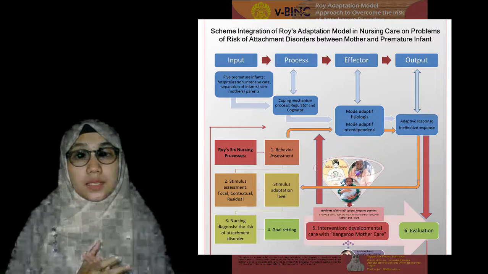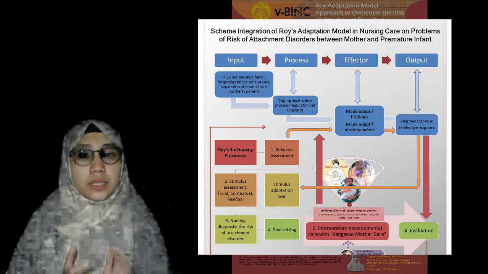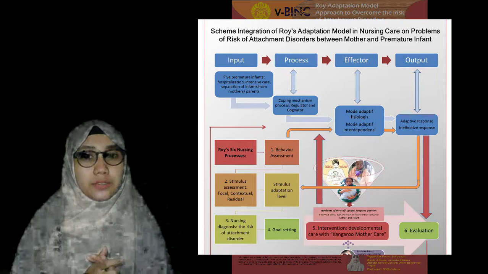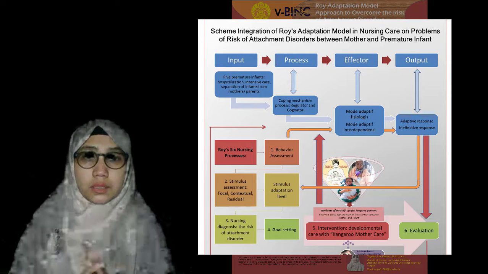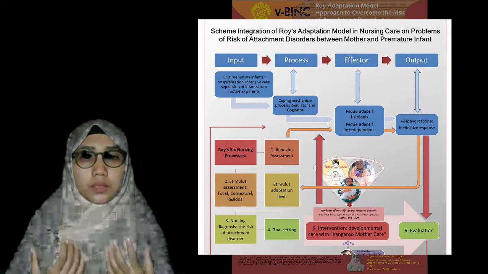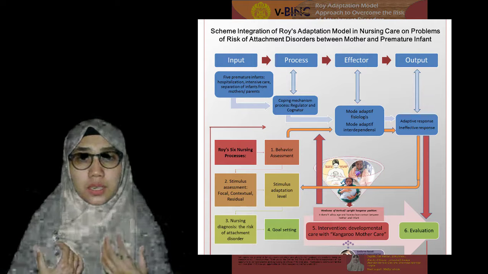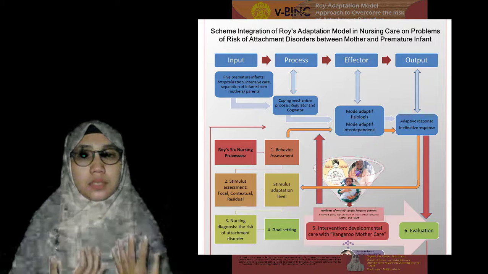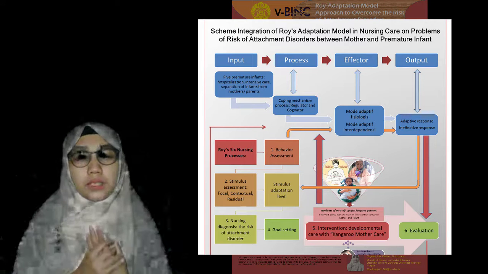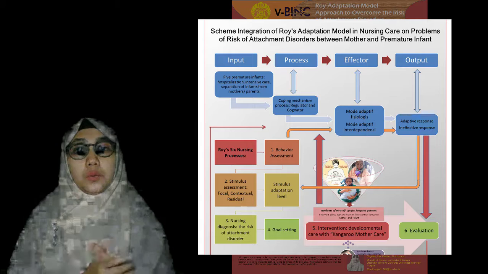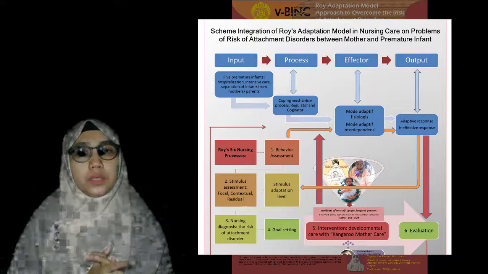Why is it so important to develop good attachment between mother and premature infant? This is because when the attachment occurs, the attachment hormone will stimulate the release of the hormone oxytocin, which is a chemical messenger for the formation of bonding or emotional bond between mother and infant. And why is this mother-infant bonding important too?